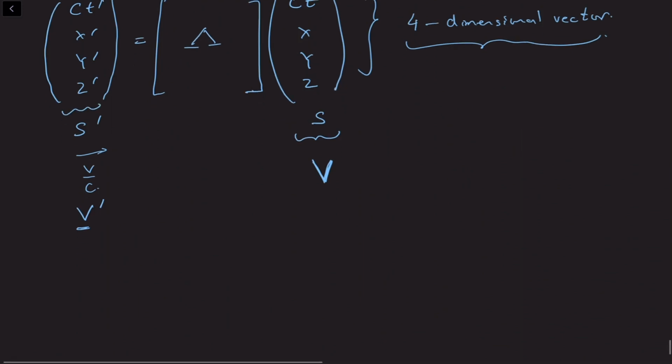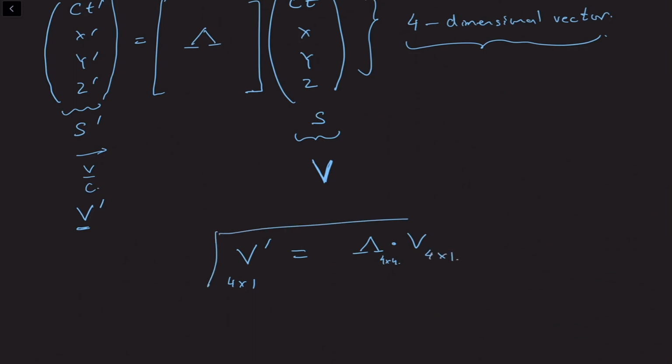And so in matrix notation, v prime is a column vector, which is a 4 cross 1 column vector. And this is related to the vector v through this dot product of matrices. So lambda is a 4 by 4 transformation matrix, and v is again a 4 cross 1 vector. So the transformation rule for vectors is of this form. 4-vectors transform in this way.